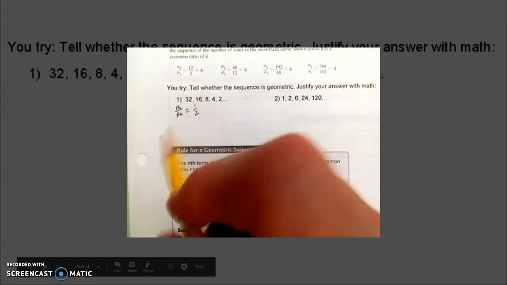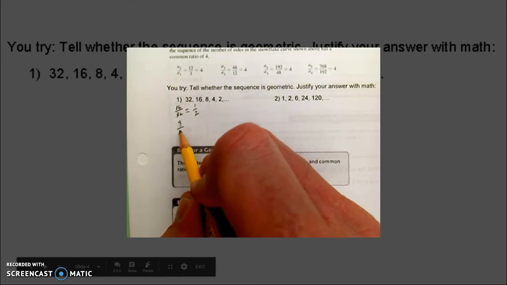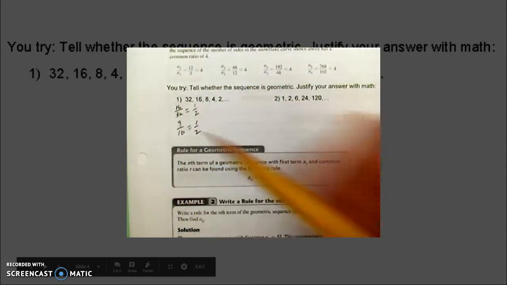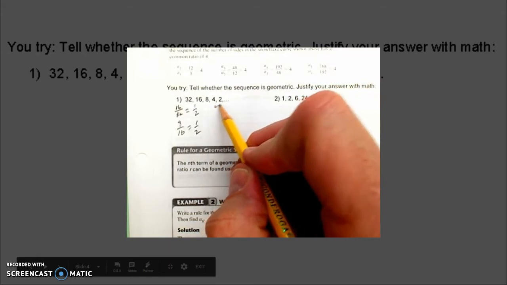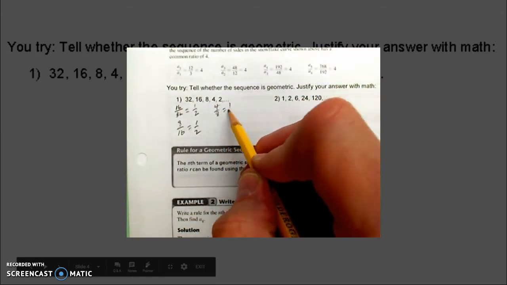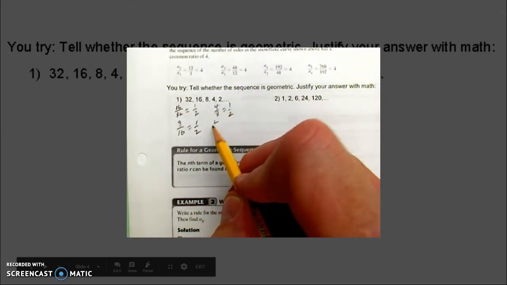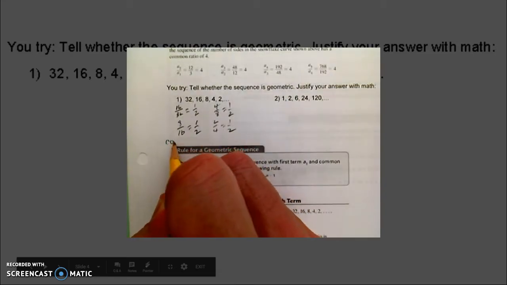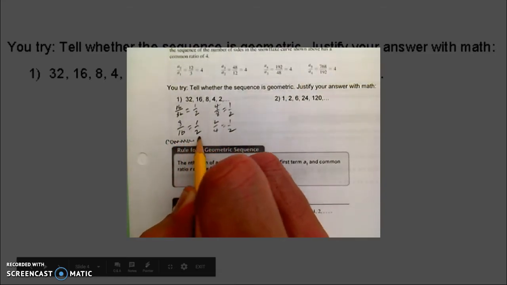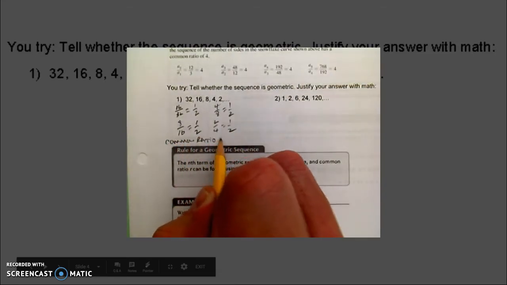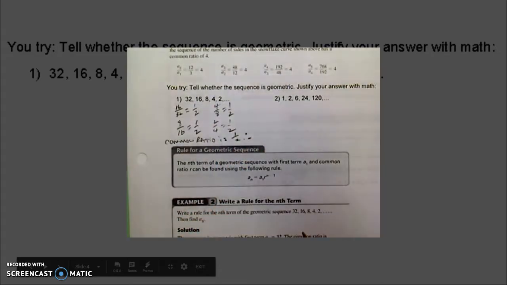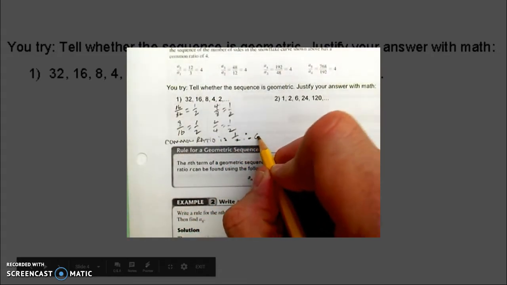I take the third term divided by the second, 8 divided by 16, and when I simplify that, 1/2. 4 divided by 8, 1/2, and 2 divided by 4, 1/2. So our common ratio is 1/2, and that tells us that, yes, this is geometric.